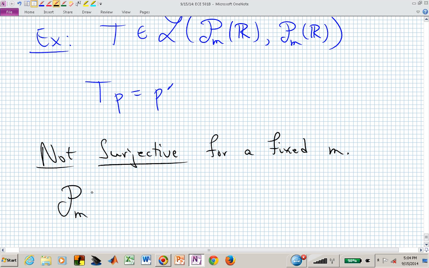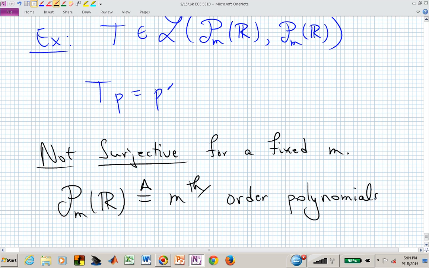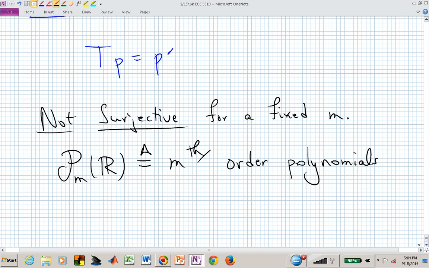Here I'm saying that P sub m is defined as the mth order polynomials.